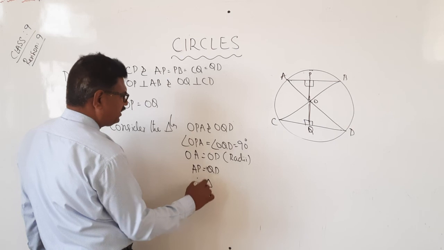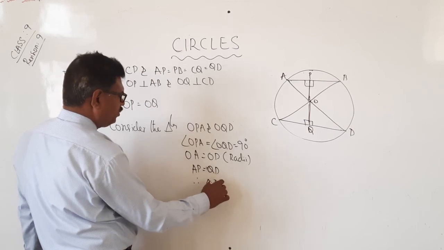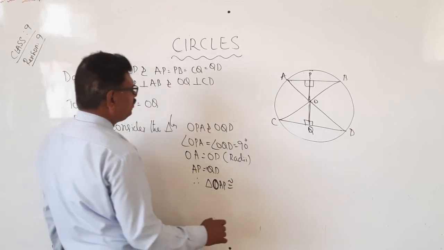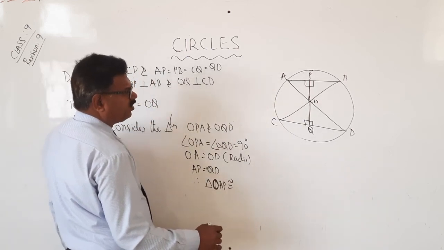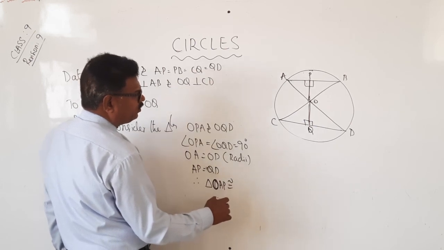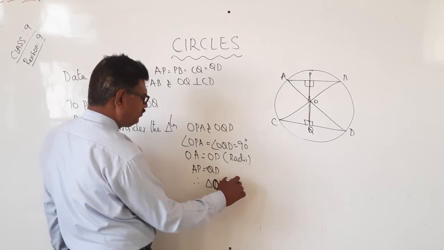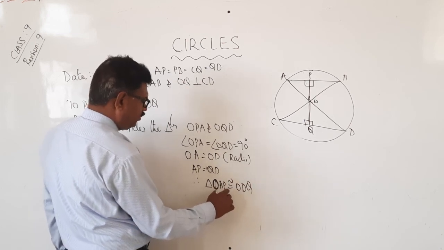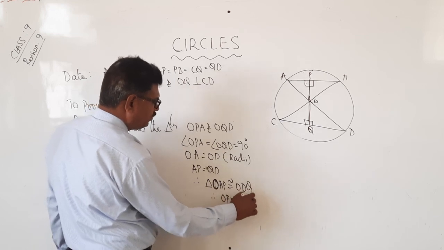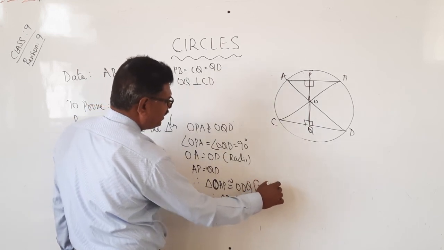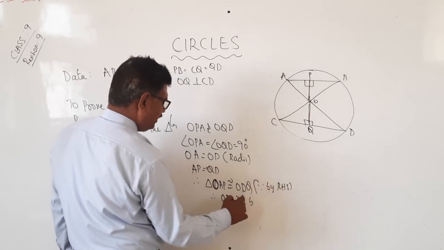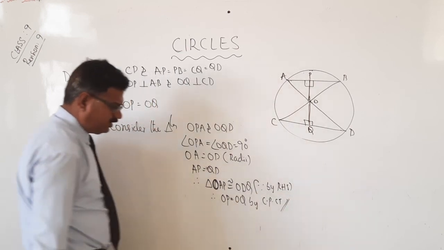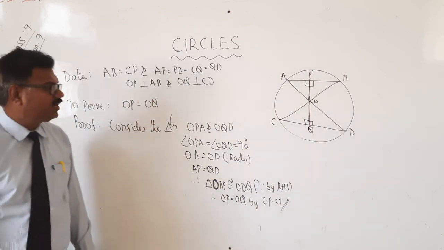Therefore, triangle OAP is congruent to ODQ by RHS condition, and therefore OP is equal to OQ by CPCT. CPCT means corresponding parts of congruent triangles.